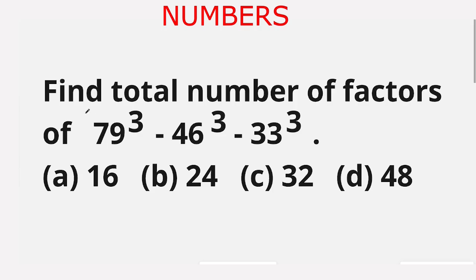Our question is, find the total number of factors of 79 to the power 3 minus 46 to the power 3 minus 33 to the power 3. The given options are option A 16, option B 24, option C 32, option D 48.